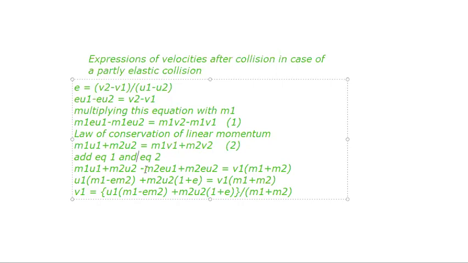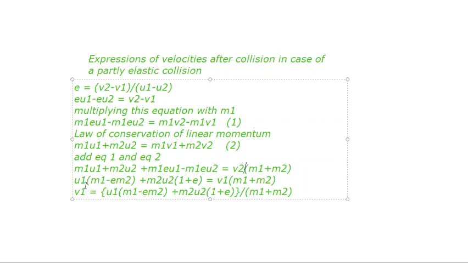So when you add these two equations, M1 u1 plus M2 u2, plus M1 e u1, and this becomes minus M1 e u2. On the other side you get v2 times M1 plus M2.